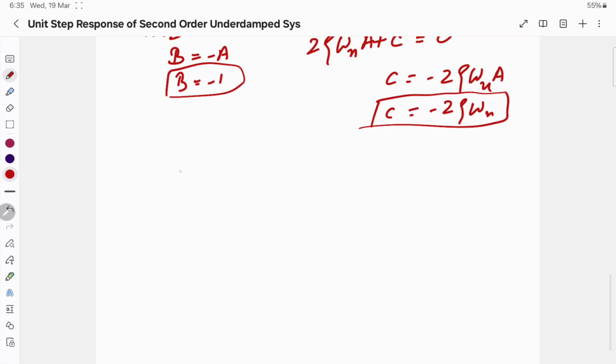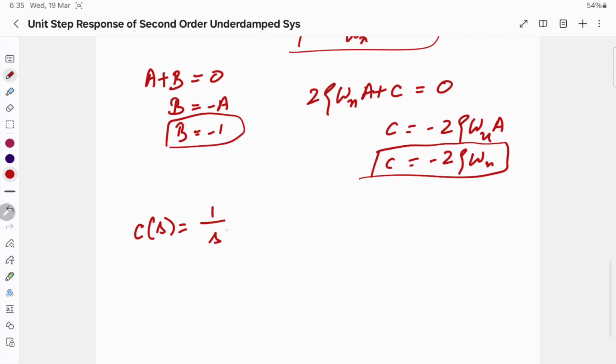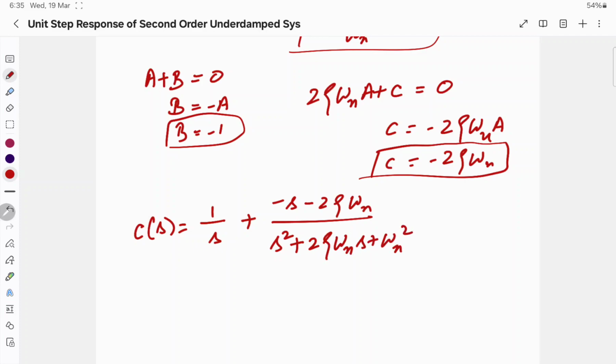Okay, so your c of s is going to be a by s. So a is 1, so 1 divided by s plus bs plus c. So minus s minus 2, in place of c I am substituting minus 2 zeta omega n, divided by s square plus 2 zeta omega n s plus omega n square.